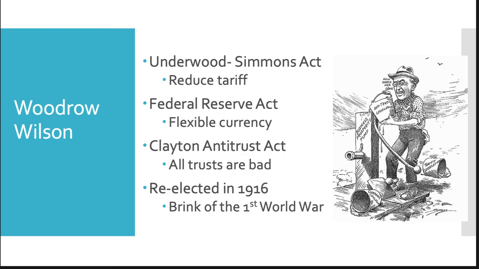Woodrow Wilson is also going to go after the trusts as he promised with the Clayton Antitrust Act, which will be passed in 1914. And Woodrow Wilson takes the stance that all trusts are bad. There is no good trust, there is no good monopoly. And the Clayton Antitrust Act will crack down on all monopolistic activity, stating that there can be none.